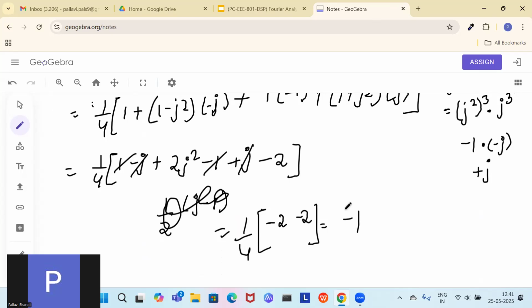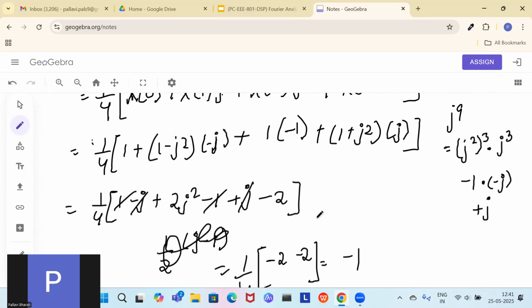Let us once again see. There is some issue in this part, in the calculation over here. So 1, x0 was 1. 1 minus j2 into minus j. Then it is minus 1 over here. Sorry. This is minus 1. So this is okay. 1 minus j plus 2j square.